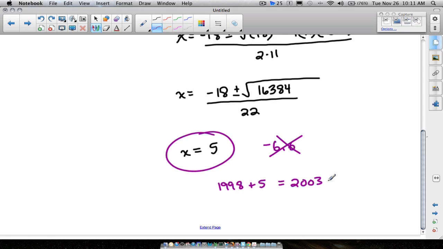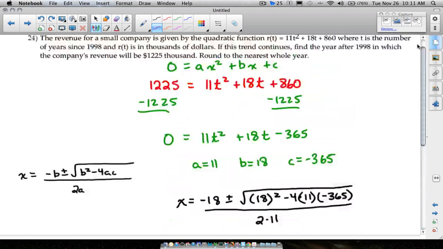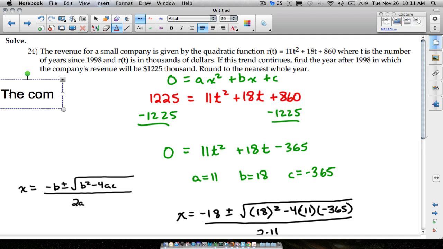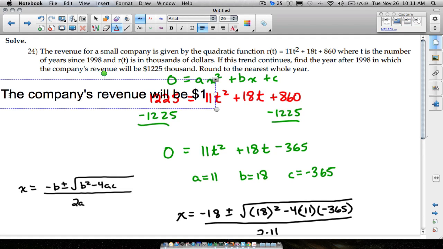Now, make sure we go back and leave this in a complete sentence. So I'll come back up to the top just to make sure I'm reading this off right as well. Let's see. The company's revenue will be 1,225,000 in the year, or let's just say in 2003.